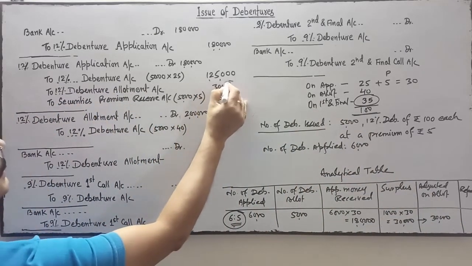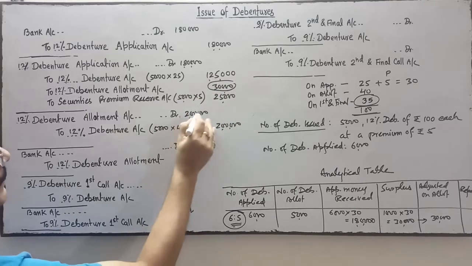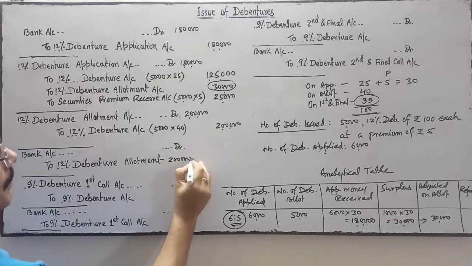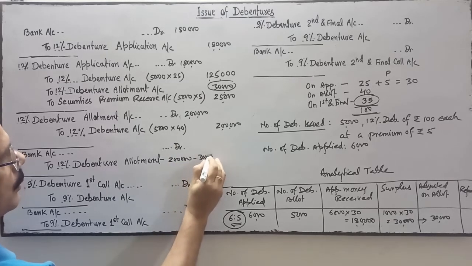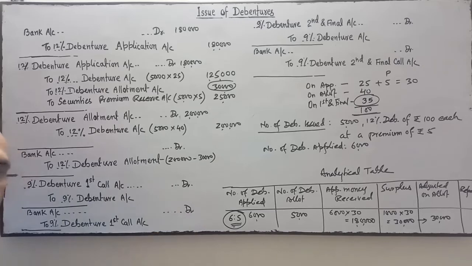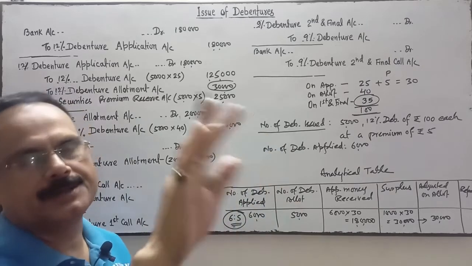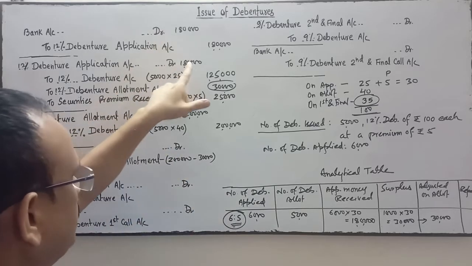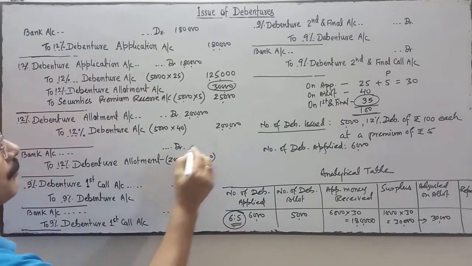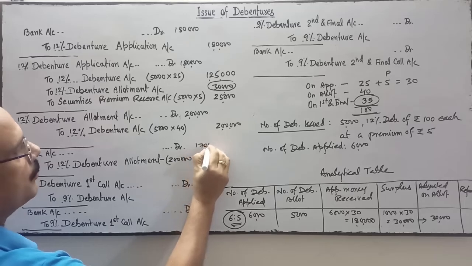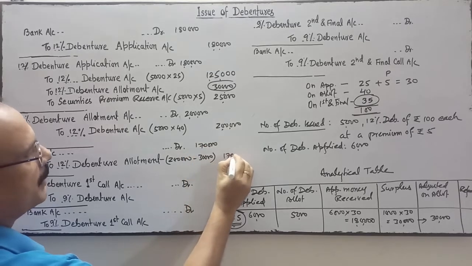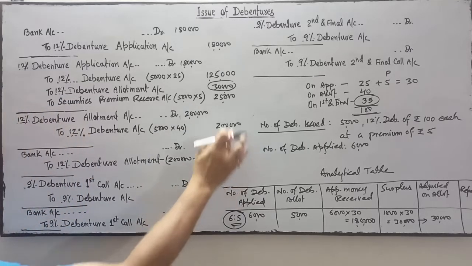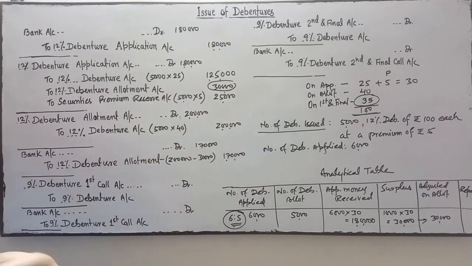Except this money, how much will we receive? 2 lakhs is the due amount minus 30,000, which we will not receive because that money we already received on application and adjusted on allotment. So finally the company will receive 1,70,000. So 1,70,000 here and 30,000 here credit. 2 lakh is total credit.